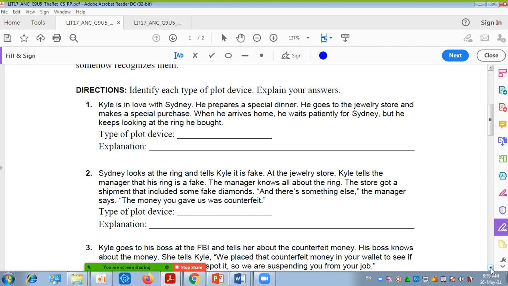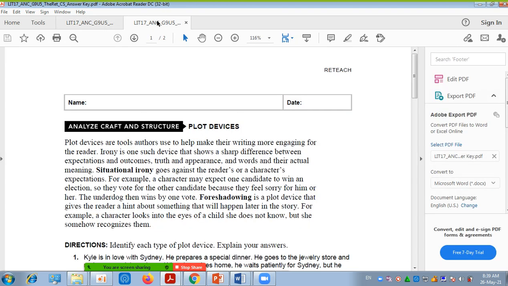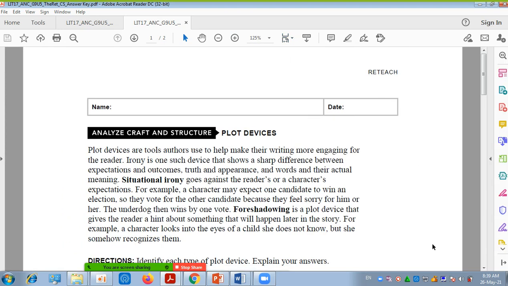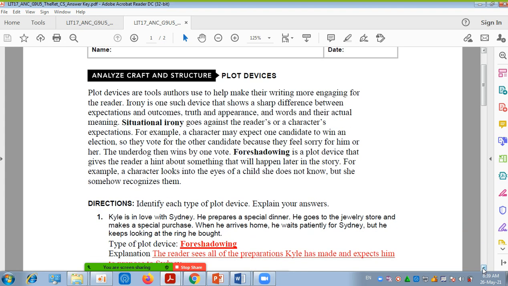So we call this foreshadowing. So the first device here is foreshadowing. Why? Because he gives us some clues, some hints that make the reader predict that he's going to propose to her or ask her for marriage. So here is the answer.